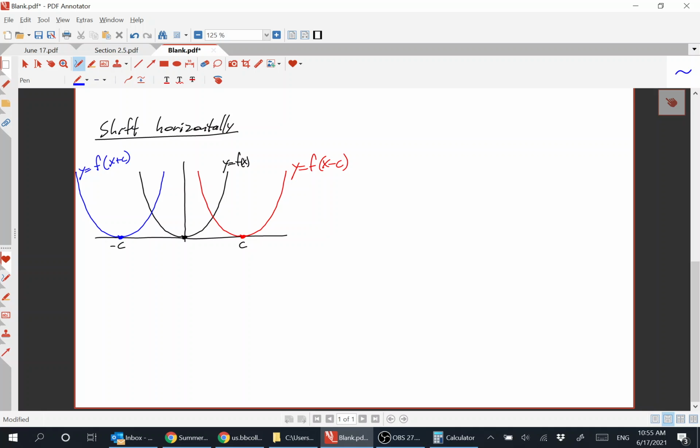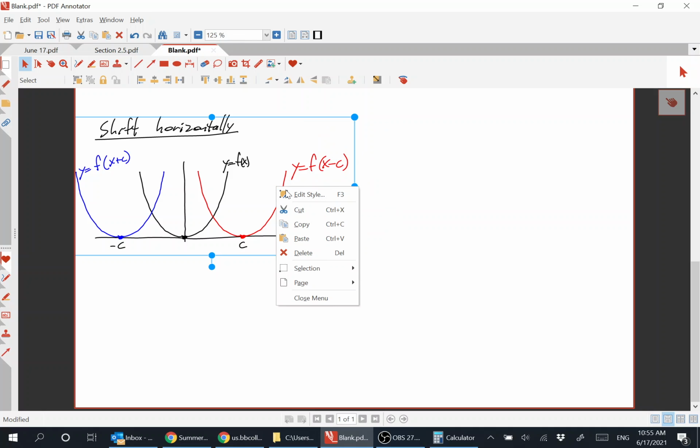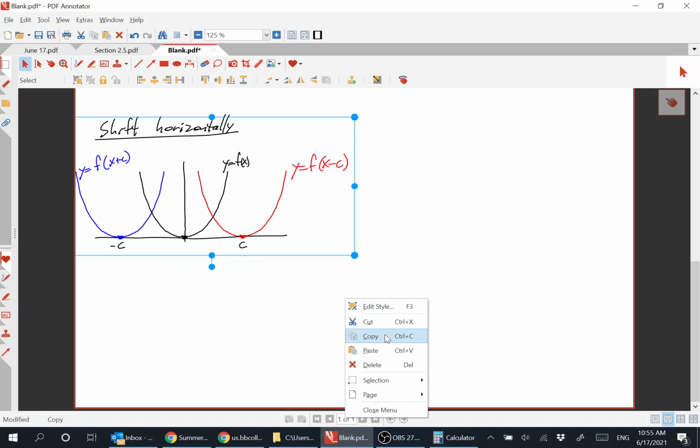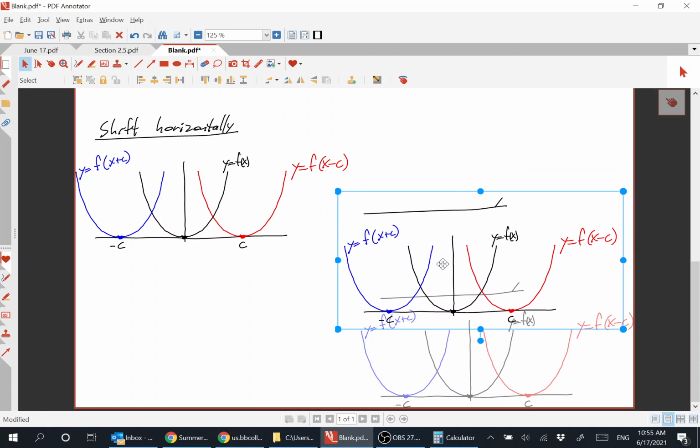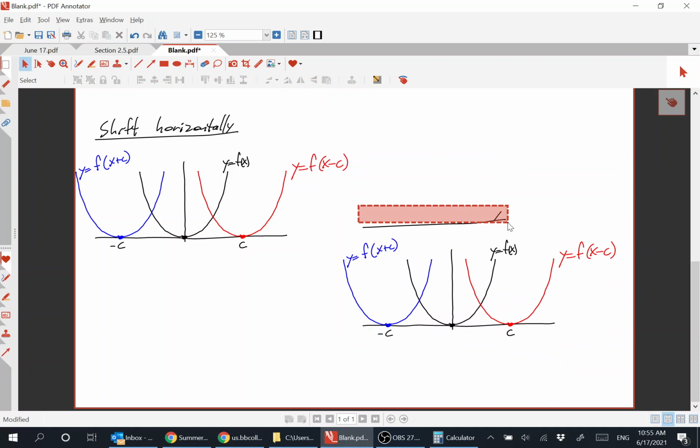So in this specific example, now why is it that you subtract to shift right rather than add to shift right? And why does adding shift left? Well, in this example that I've drawn, this function touches the x-axis at x equal to 0, right?